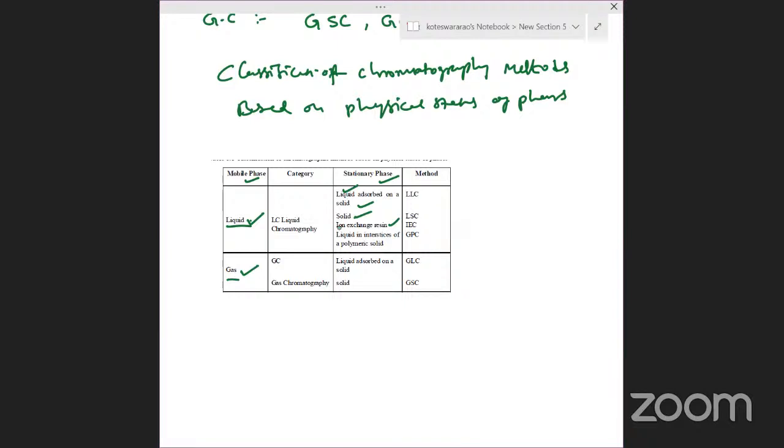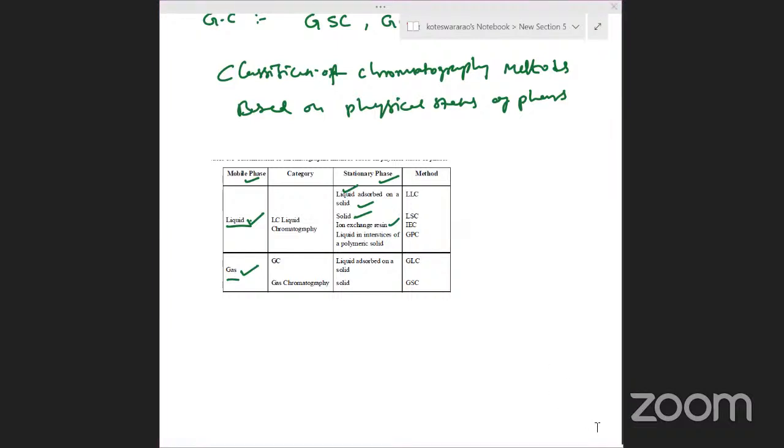When gas is the mobile phase and solid is the stationary phase, that is called gas solid chromatography. Here we need to note that liquid chromatography can be performed on columns and on plane surfaces, but gas chromatography can be done only on columns.